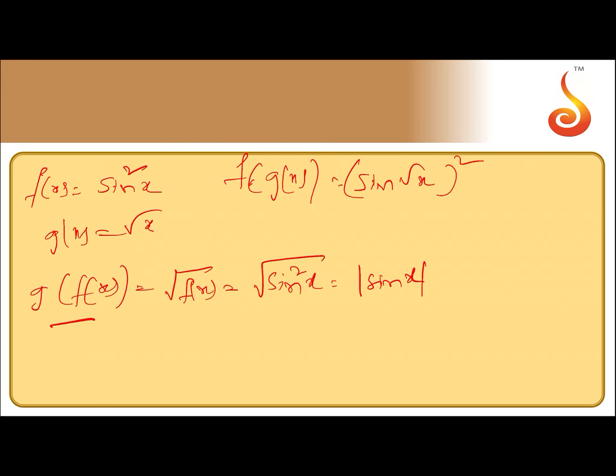In this case, g of x is equal to root x and f is equal to sine square. Can I write this as sine square of root x? Yes. If that is the case, I can replace this one as g of x. It's nothing but sine square of g of x.